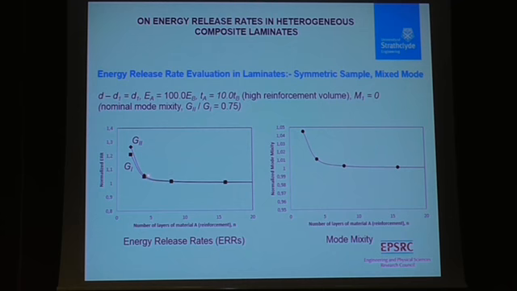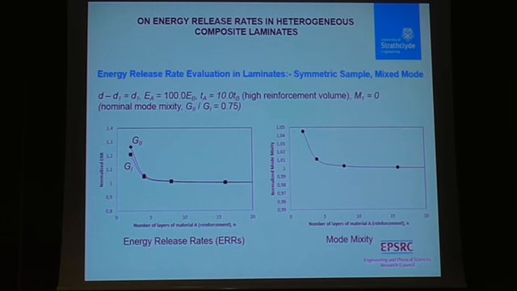But when I come back here, and I've got few plies in the laminate, you can see that G1 and G2 diverge from the homogeneous value. And not only that, G2 diverges more than G1, so of course I get divergence in the mode mixity as well when I define it in this way here. Divergence in the energy release rates is quite significant for these particular choices of parameter values. The divergence in the mode mixity is less.